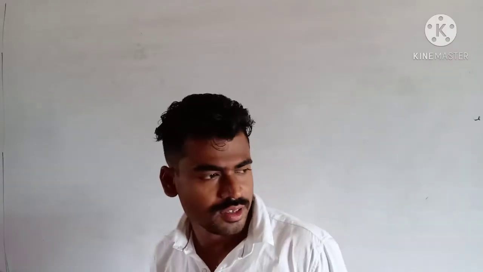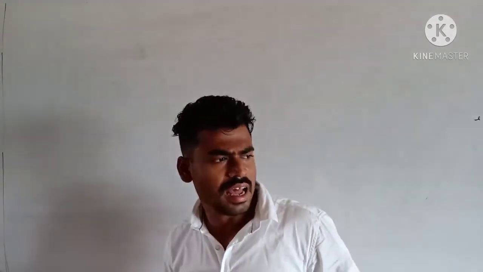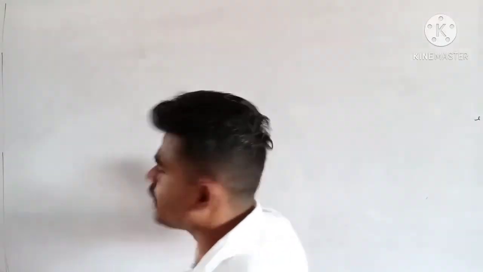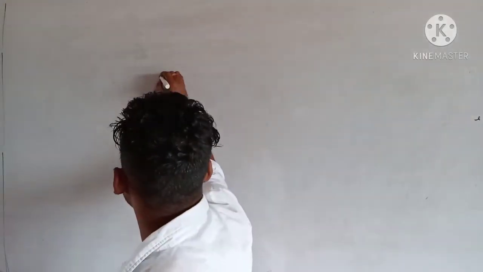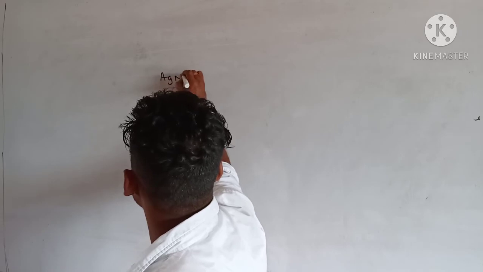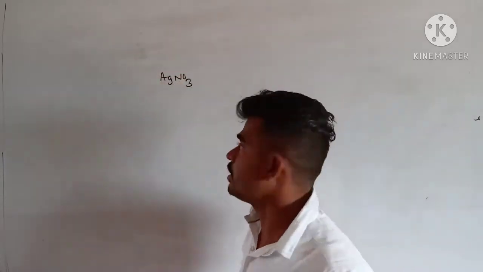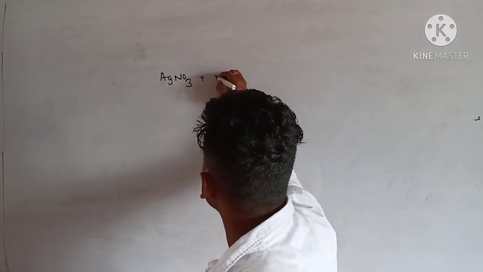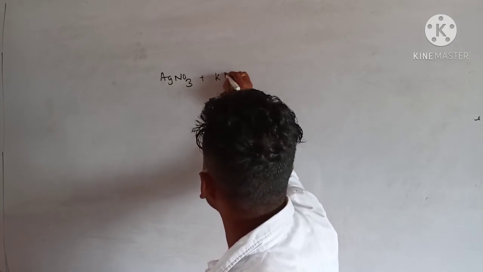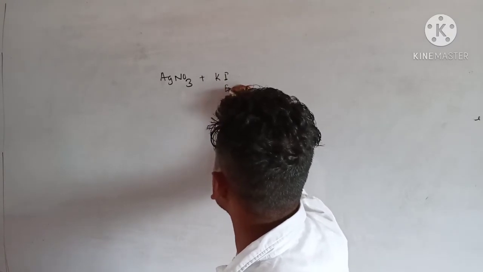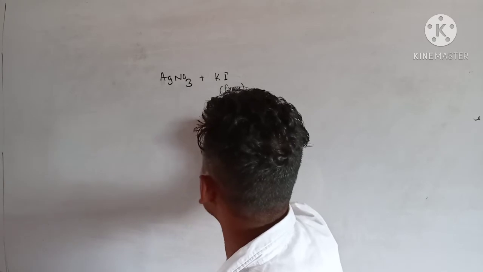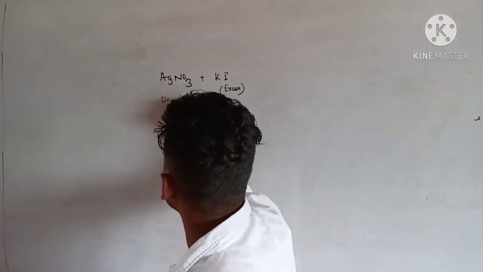Now let us discuss why certain colloidal particles are charged particles, mainly lyophobic sols having charge. Why? You see, if I need to prepare, let's say, AgNO3, silver nitrate, plus KI, potassium iodide, and let this one be in excess, this one is your dispersion medium and this one is dispersed phase.